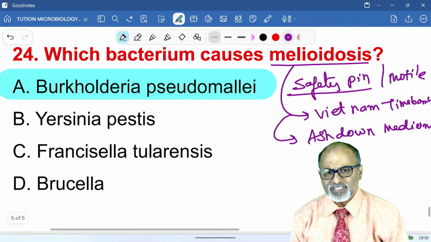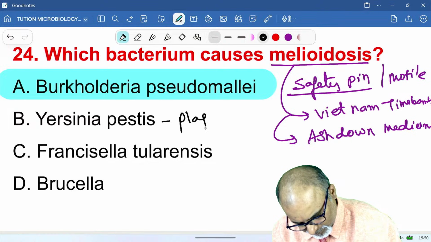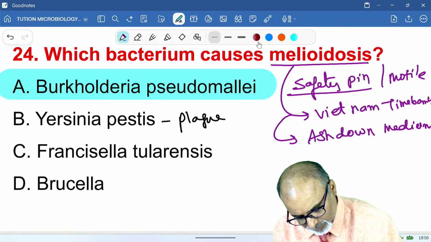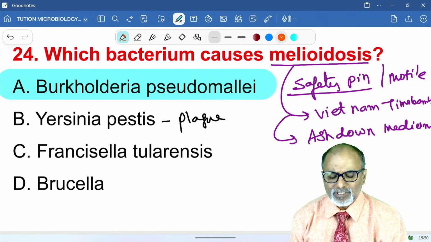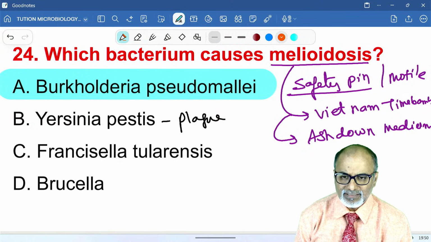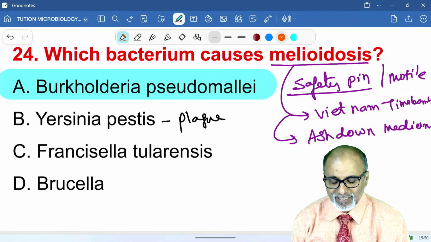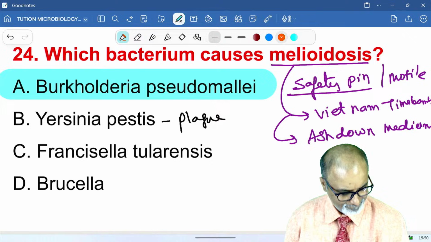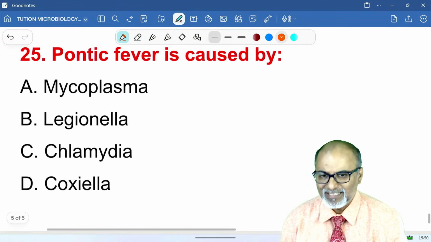Yersinia pestis causes plague or black death. Francisella, already told, tularemia. Brucella, Malta fever, Mediterranean fever or undulant fever. Pontiac fever is caused by Legionella pneumophila.